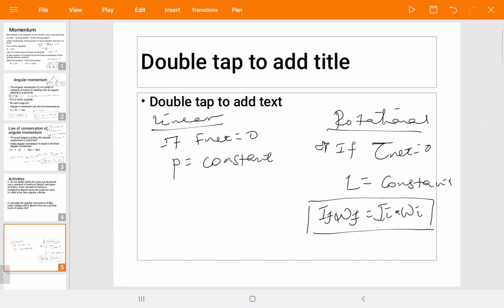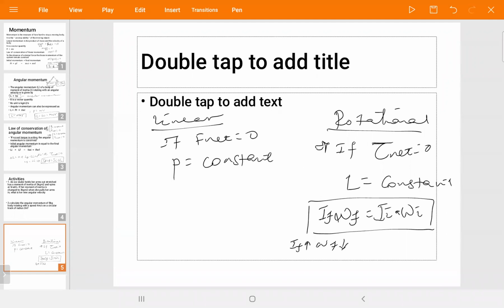For example, if the final inertia increases, the final speed will get less. They are inversely proportional.